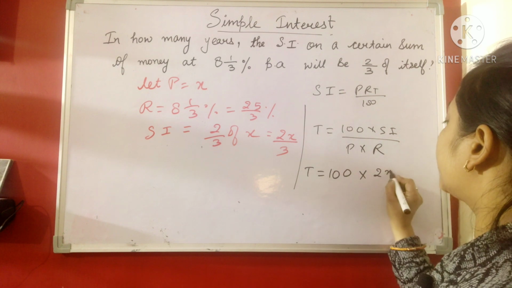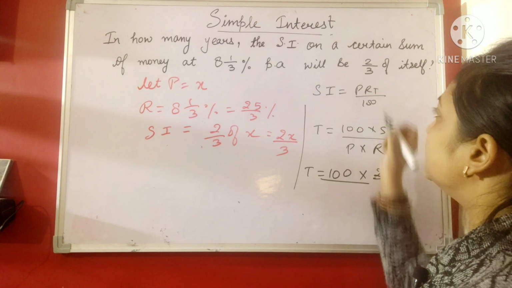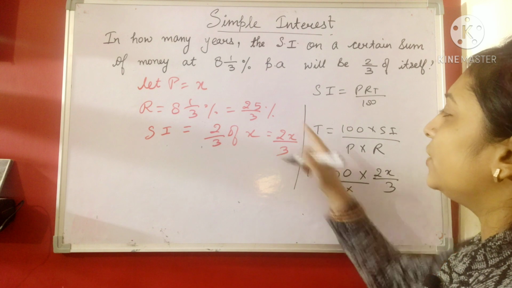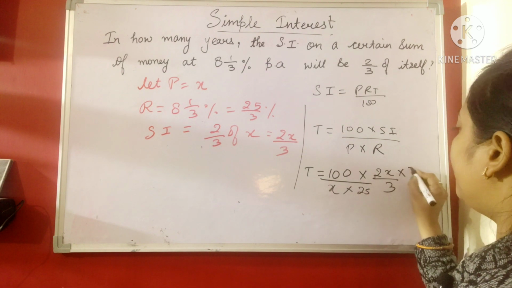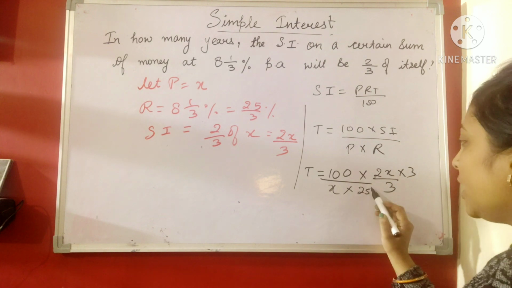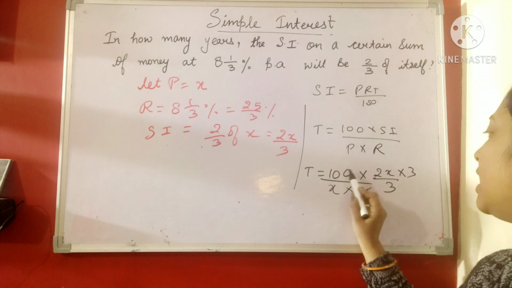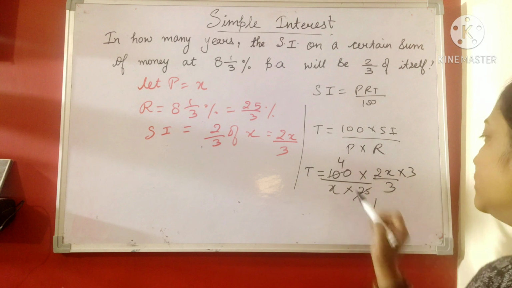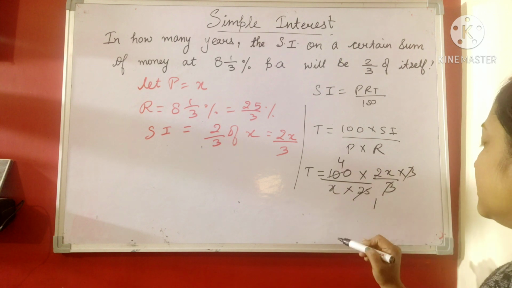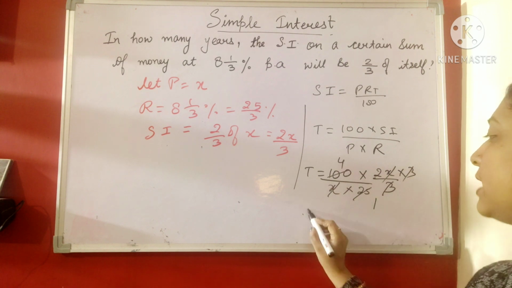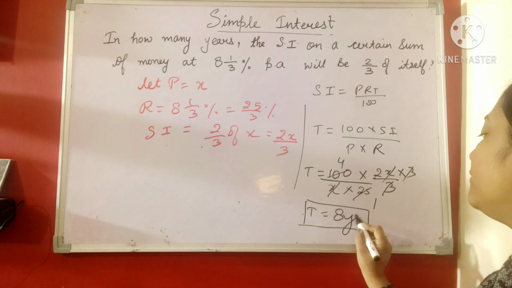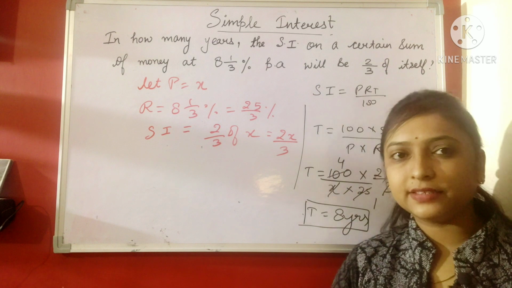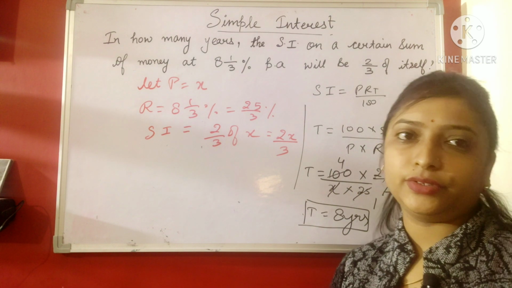SI is 2x by 3. Principal will be x and rate is 25 by 3, which will go up here. Now 25 ones are 25 and 25 fours are 100, 3 and 3 got cancelled, x and x got cancelled. Time is equal to 8 years. All unknown values got cancelled and time is 8 years.